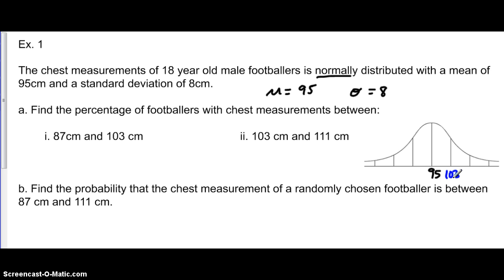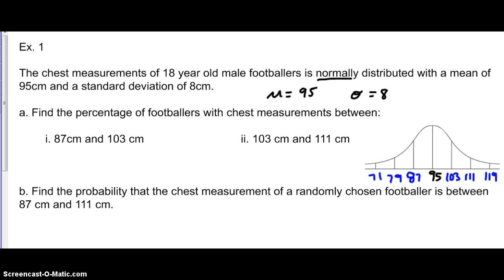And then we would add 8 more, so it'd be within 2 standard deviations. That would be 111. And then adding 8 more would be 119. In this direction, we're going to subtract 8. So we have 87. And we would keep subtracting. So subtract 8 would be 79. And then 71.